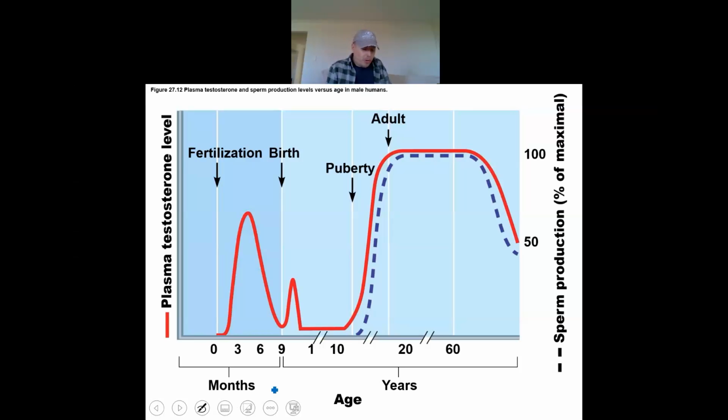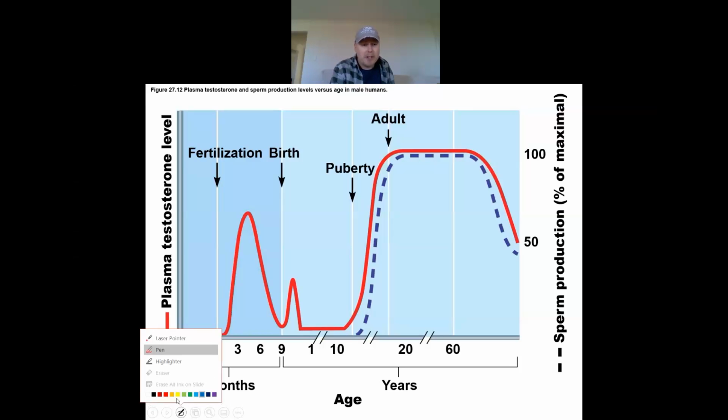Next, I wanted to show the testosterone levels throughout the lifetime of an individual. So what we see here is that early in development, there is a high amount of testosterone, in the early months before birth.